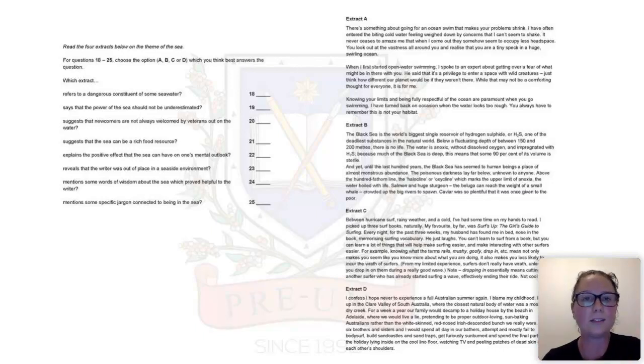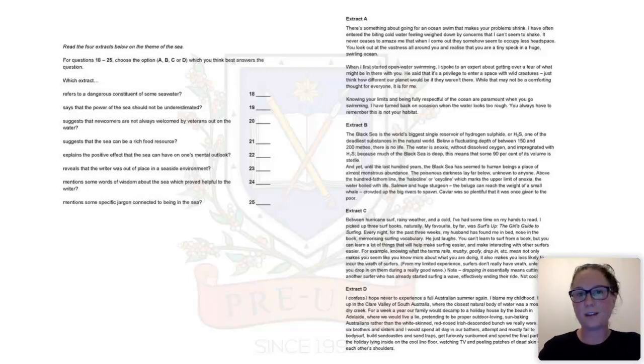So highlight or underline key words, so main ideas or key verbs that appear in those clues, and then read the extracts. As you're reading the extracts, you'll likely be able to draw some links, even just possible links to start with. Oh, I think this one belongs in B. I think this one belongs in C. And then go through more closely in detail to match them at the end.